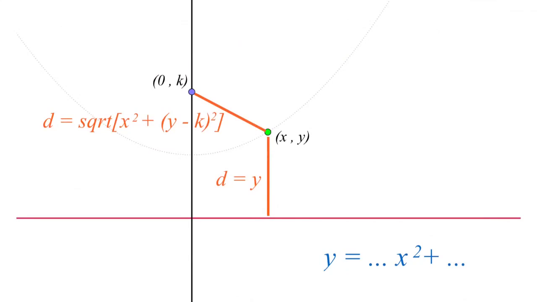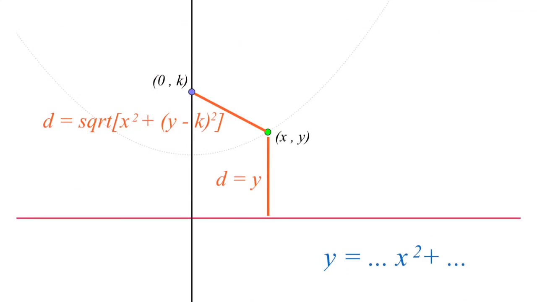That being said, we can now determine what the distance is between the focus and a point on the curve, and from the point on the curve down to the directrix, which we will consider to be the x-axis again. This will be our supposition.